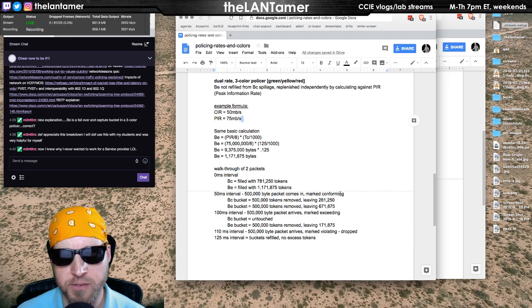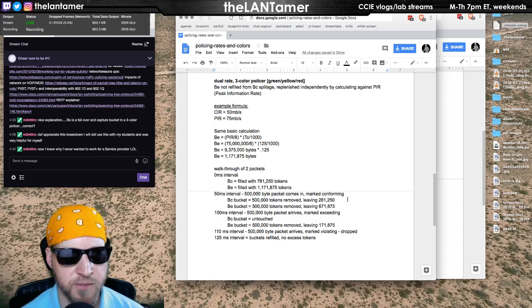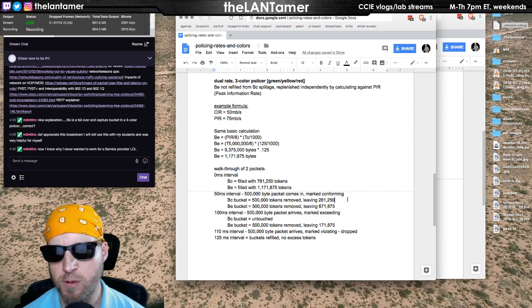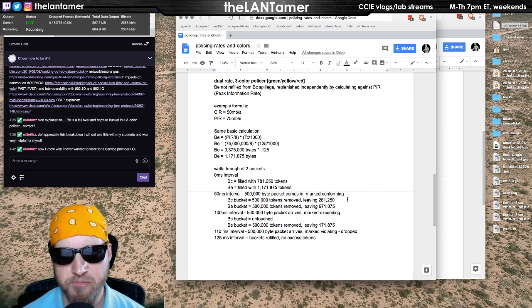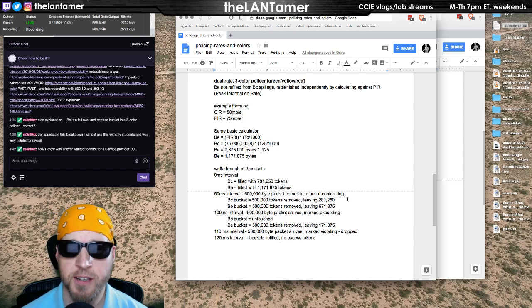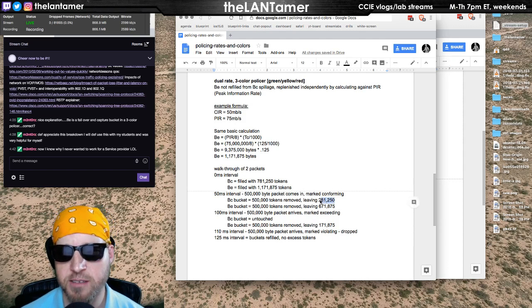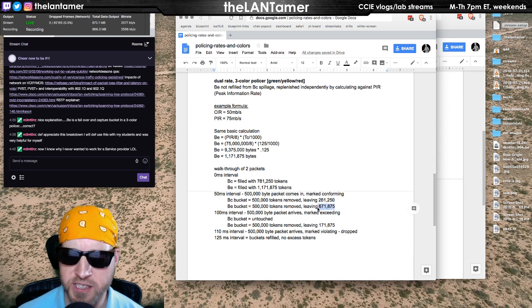So we will have left over in BC, our commit bucket, 281,251, and in our peak rate bucket 671,875. 50 more milliseconds goes by. At 100 milliseconds, another packet arrives, 500,000 bytes. Okay, there are not enough tokens left to process that in our commit bucket, our BC. But there are enough in the exceed bucket.